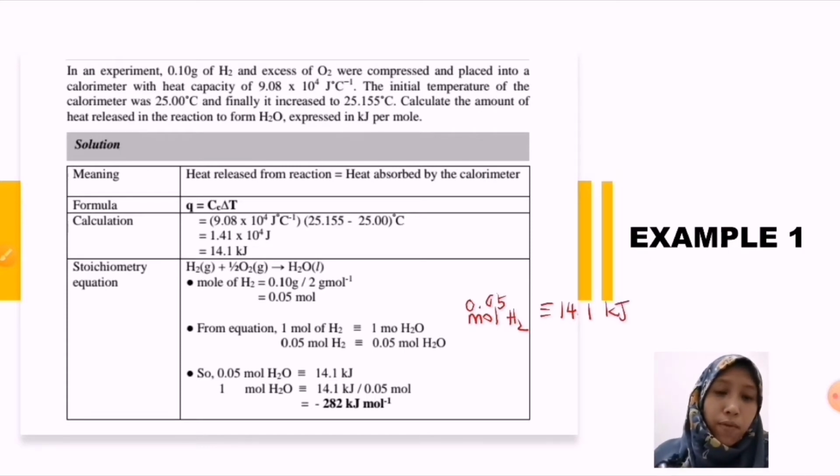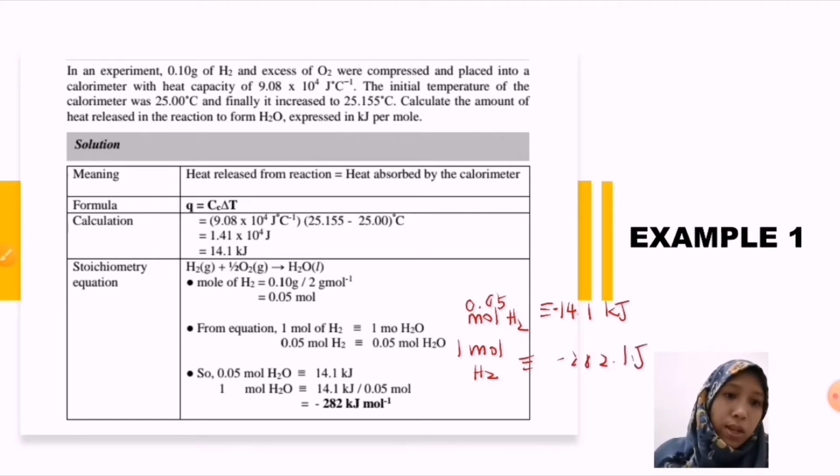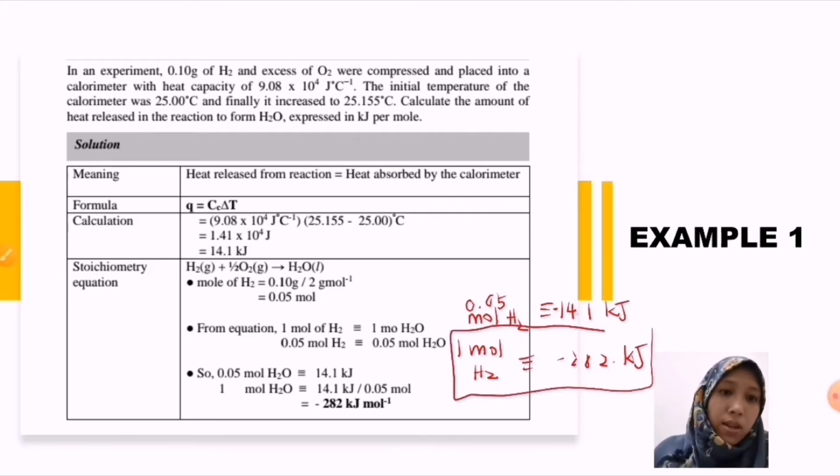Okay, but for 1 mole of H2, so kita akan perlukan negatif. Ini negatif juga sebabnya heat release tadi kan. Negatif 282 kilojoule. Okay, so kat sini kita dapatlah yang ini merujuk kepada delta H.